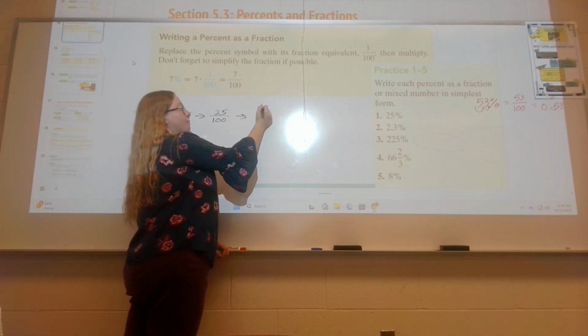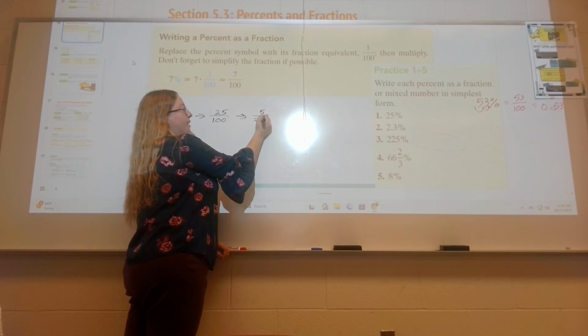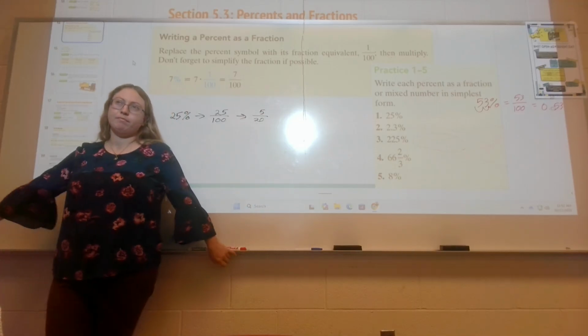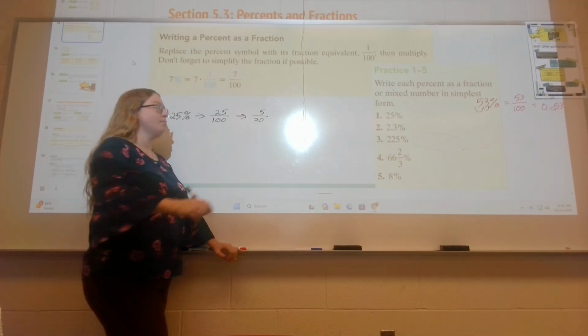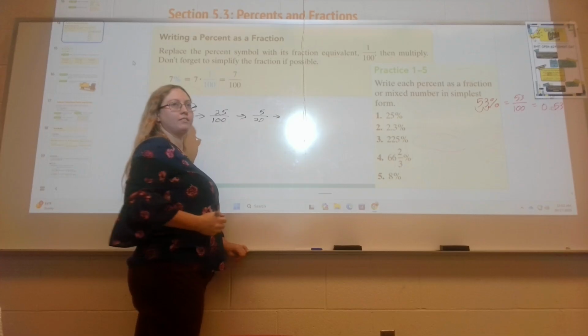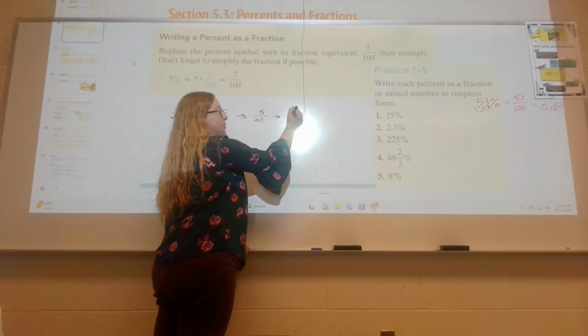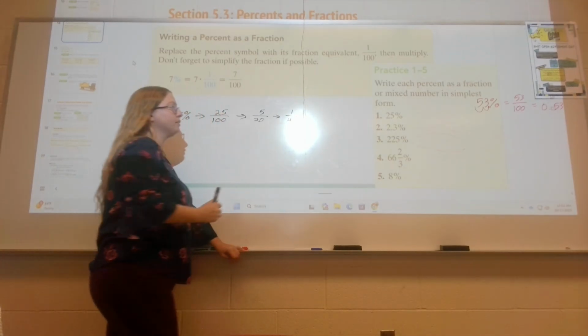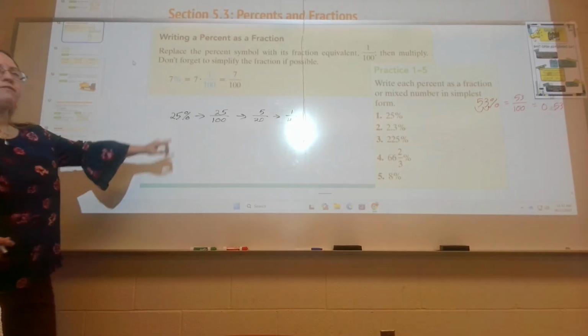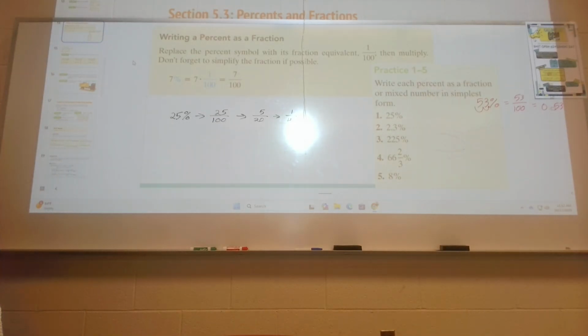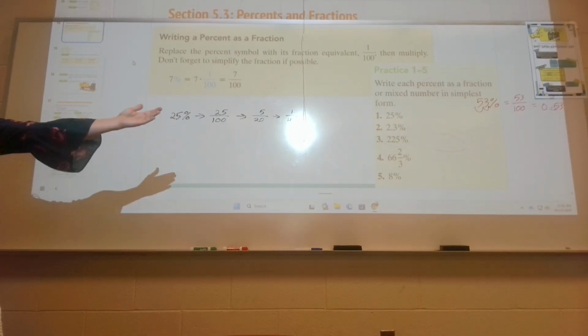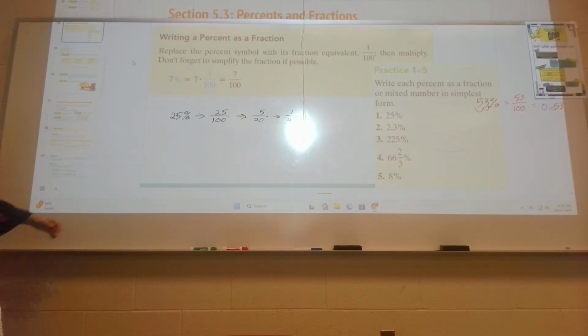So 25 divided by 5 is 5. 100 divided by 5 is 20. Is that simplest form? No. They're both divisible by 5. So this fully reduces to 1 over 4, right? So 25% as a fraction is 1/4, right? 25% of a dollar is a quarter. 1/4 is a quarter. So on and so forth.